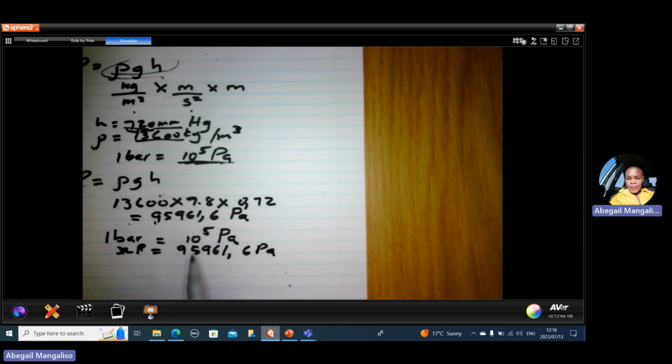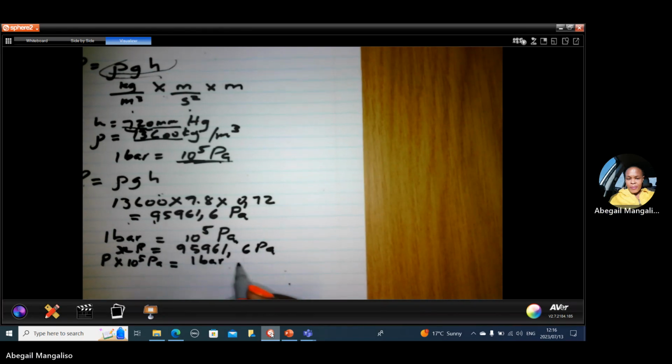When we cross multiply, P in bars multiplied by 10 to the power 5 pascals equals 1 bar multiplied by 95961,6 pascals.